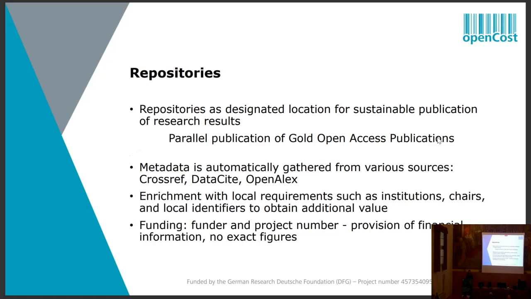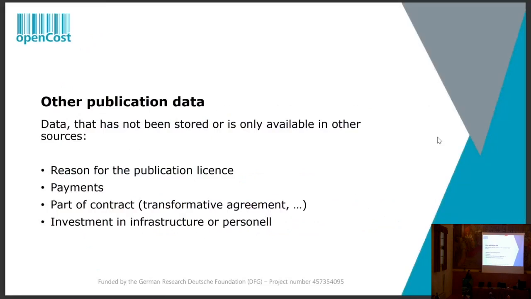And further on, in repositories, normally we also have the funding of the project in which the publication was generated. And if we are thinking further, the project and the funders are the first thing that is mentioned, who was paying for the publication. And this we are just enlarging by the payment itself.